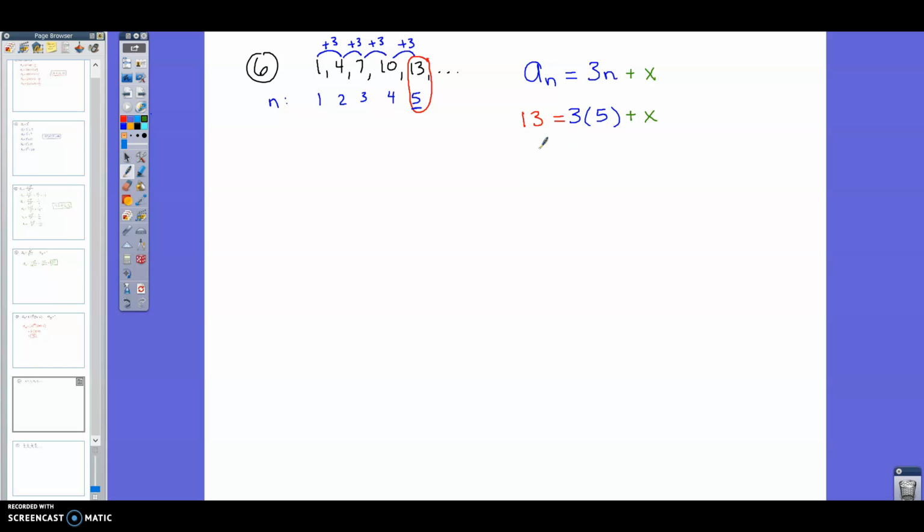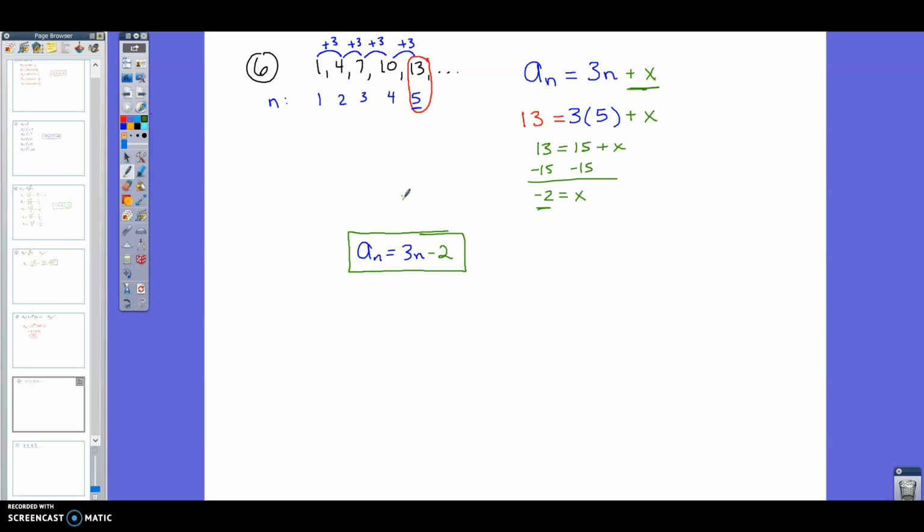So we multiply that out. We get 13 equals 15 plus x. Then we subtract 15. We get negative 2 equals x. So we're going to replace this with a negative 2. So our rule is 3n, and then we replace that plus x, and x is negative 2, so we'll say minus 2.